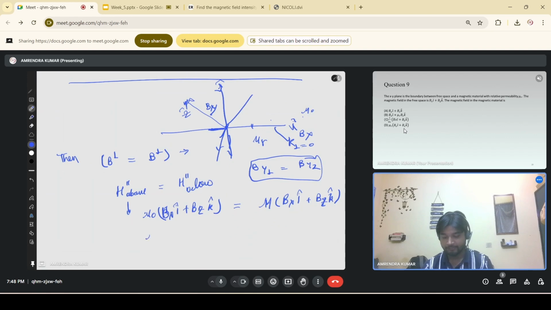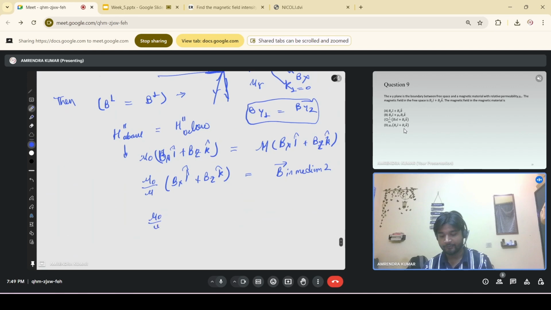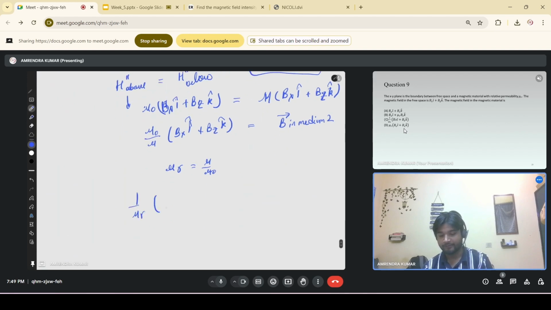Now, mu 0 over mu is Bx i cap above plus Bz k cap above in medium 2. But you know that mu 0 over mu r is nothing but mu over mu 0, just reversing this, it will be 1 over mu r Bx i cap plus Bz k cap.